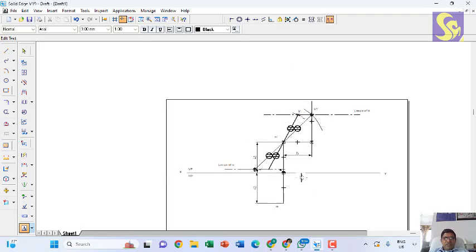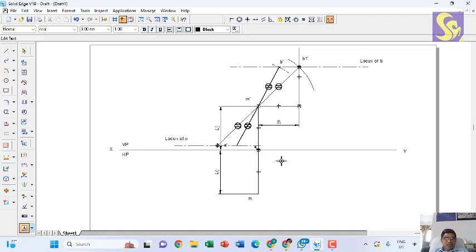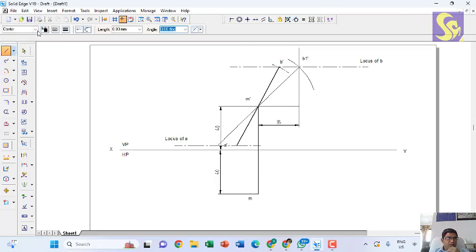Once it is done, I can just process further to get the top view completed.